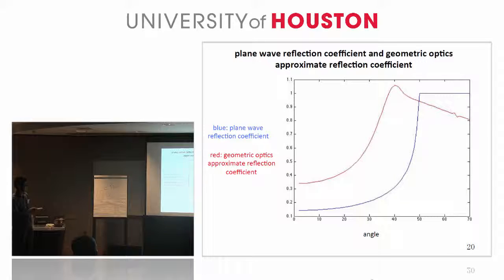Here for this reflector, the blue line shows the actual plane wave reflection coefficient, and the red line shows the geometric optic approximate reflection coefficient. We can see they have similar shape, but the amplitude is different.